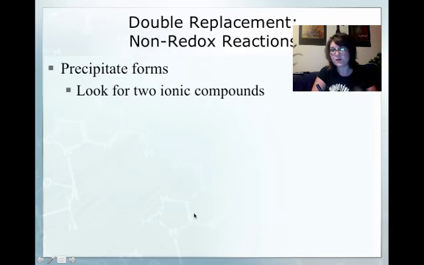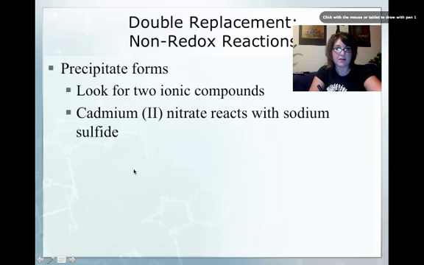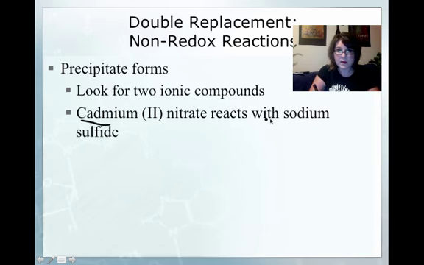So what you're looking for here is two ionic compounds. If you have two ionic compounds reacting, meaning you've got a metal here and a metal here, then those are ionic compounds. You're probably going to have a precipitate forming. So we'll look at our solubility rules and see what we think might happen between these two. Oh, go back. So let's make a prediction.